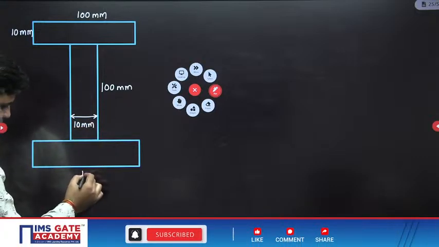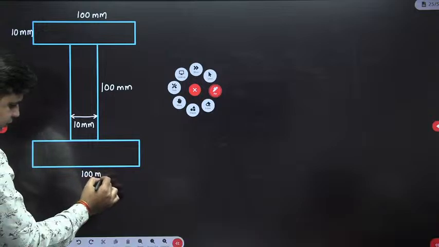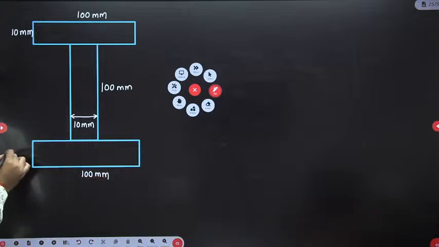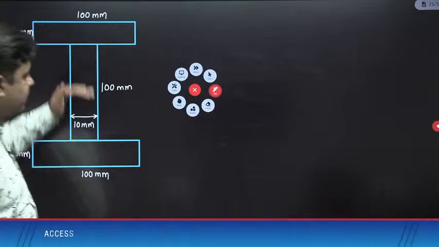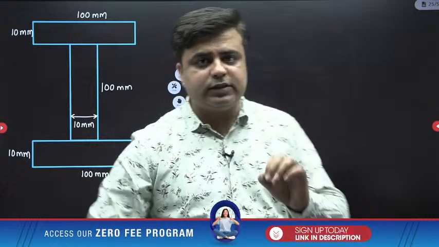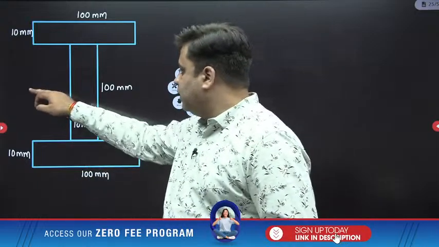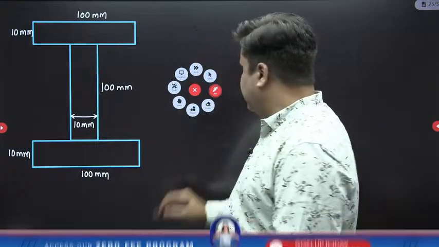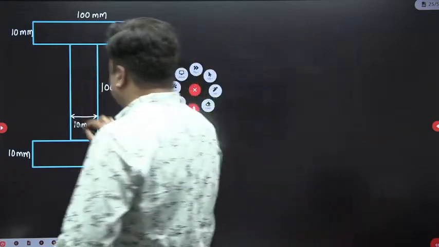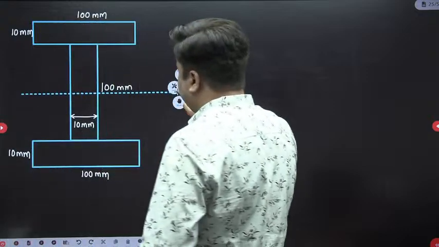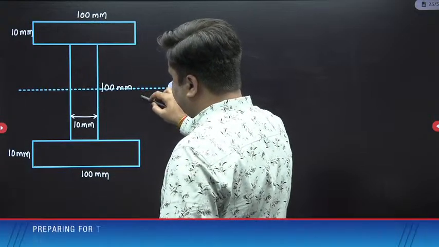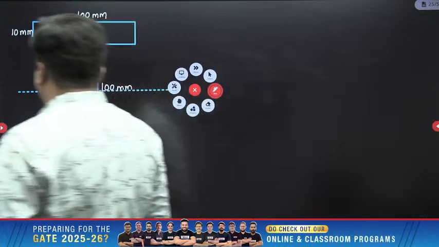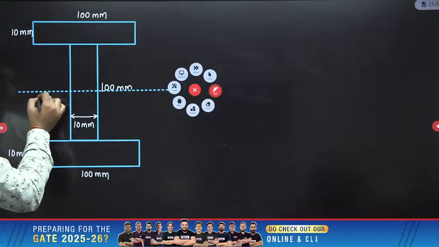This is again 100 mm, and this thickness is 10 mm. Now since the section is symmetrical, the neutral axis will pass through the CG of this central rectangle, the middle rectangle.